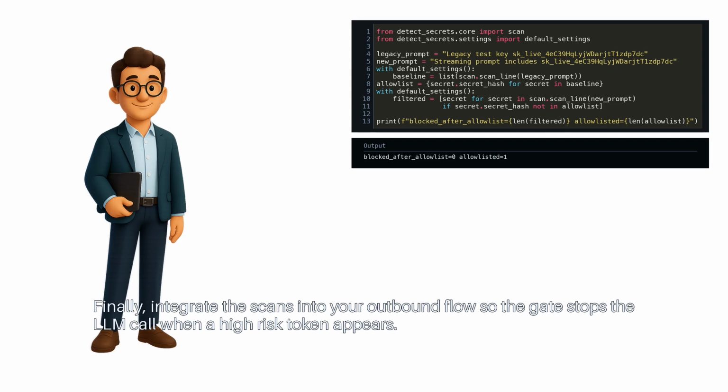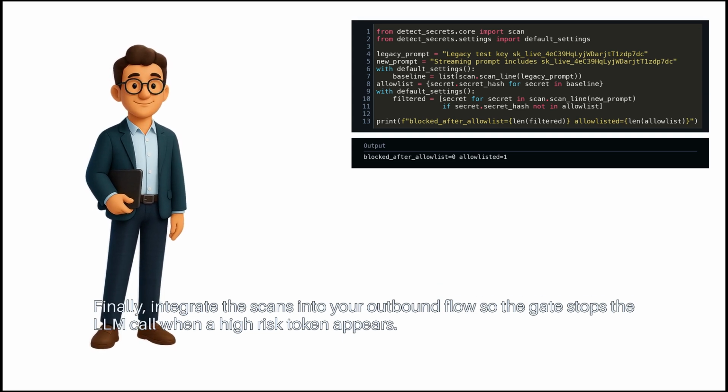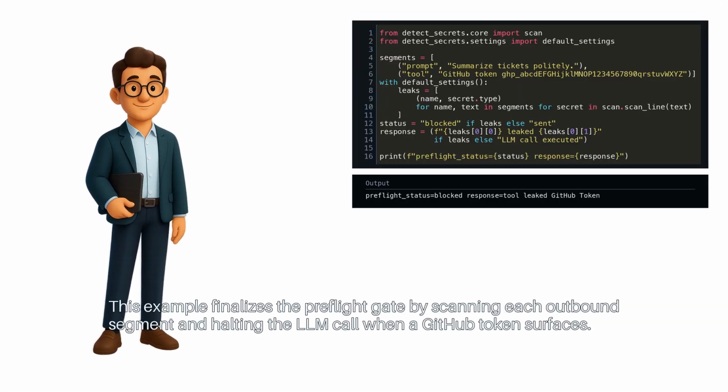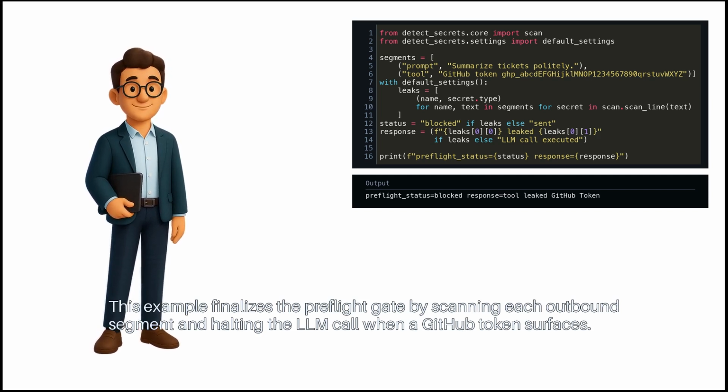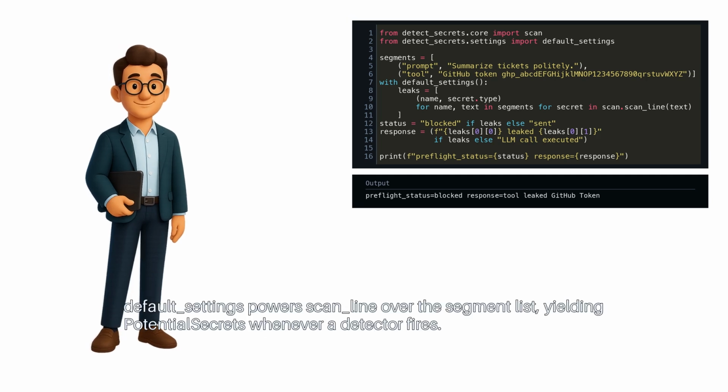Finally, integrate the scans into your outbound flow, so the gate stops the LLM call when a high-risk token appears. This example finalizes the preflight gate by scanning each outbound segment and halting the LLM call when a GitHub token surfaces. Default settings powers scan_line over the segment list, yielding potential secrets whenever a detector fires.